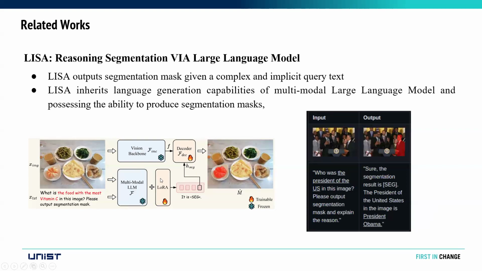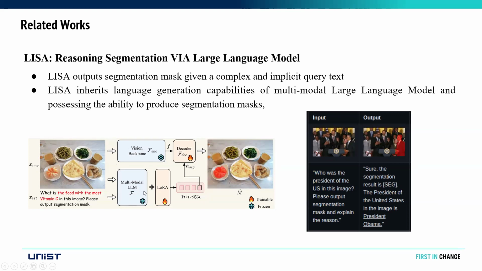So the large language model will output a sequence of text, whose last token is the segmentation mask token. This token is sent to the segmentation mask decoder, along with the encoded feature from the input image, to generate a segmentation mask.